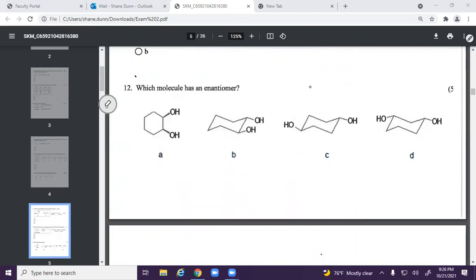So enantiomers are what? Opposite. Good job. They're opposites, and because of that they are mirror images. Okay, priority 1, 2. What is that?